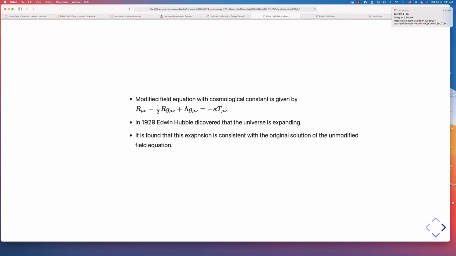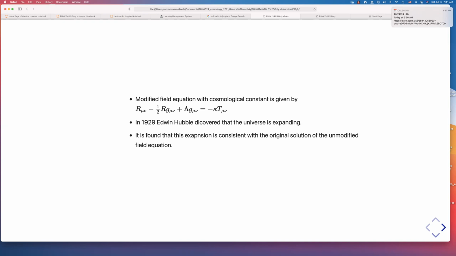Now what happens? The problem is, if the universe is expanding, it is found that this expansion is consistent with the original solution of the unmodified field equation, right? So actually his previous equation was correct according to the situation they had at that point.